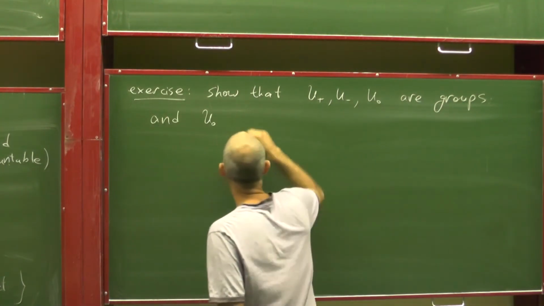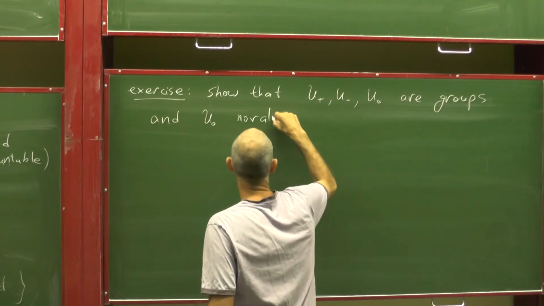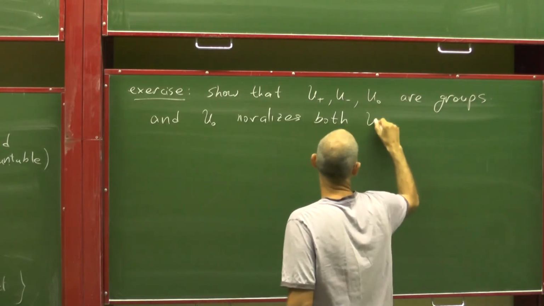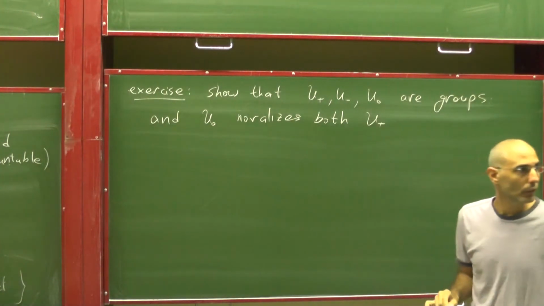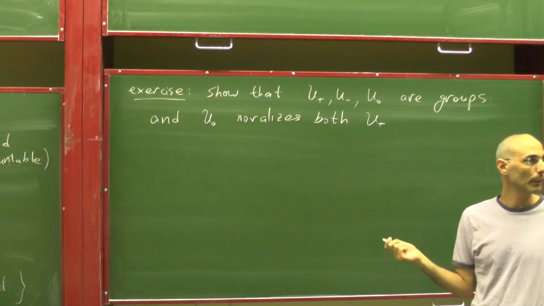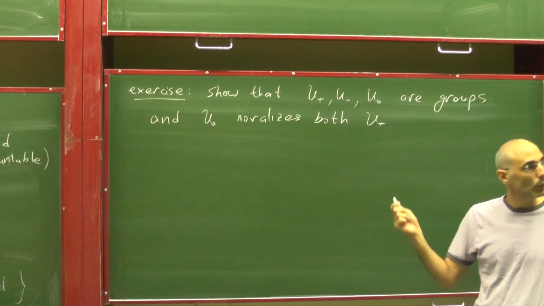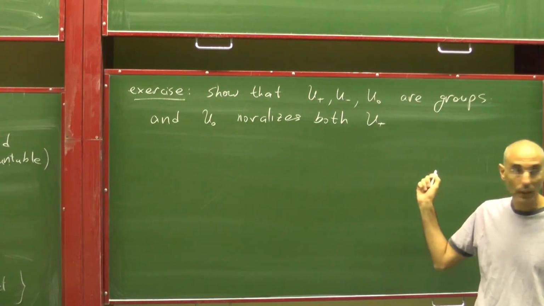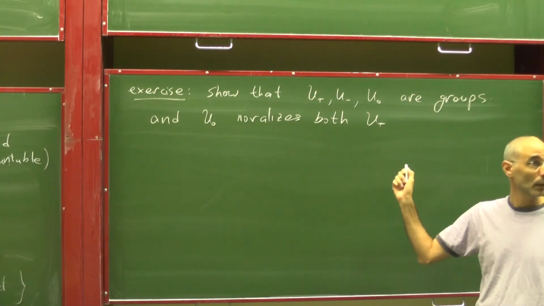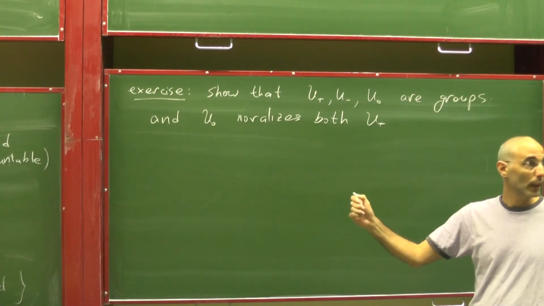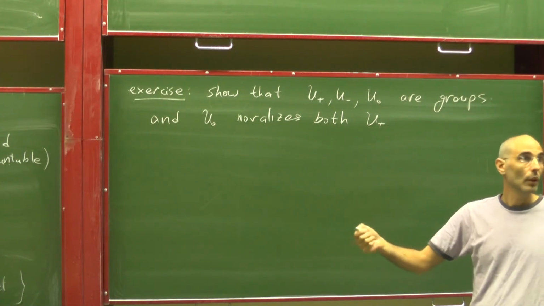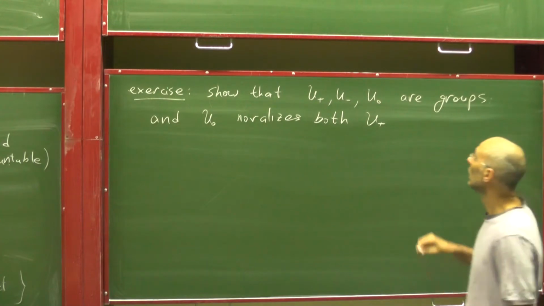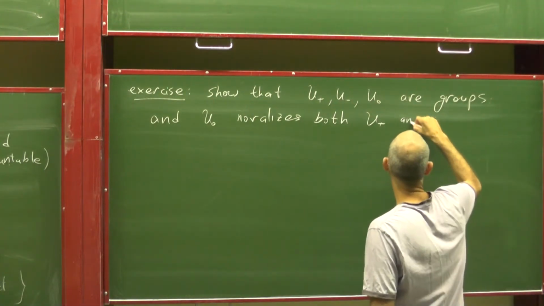And actually U0 normalizes both U plus and U minus. If you take an element of U plus and conjugate it by an element of U0, it will still go to infinity, because the element of U0 doesn't go to infinity to make things bad.